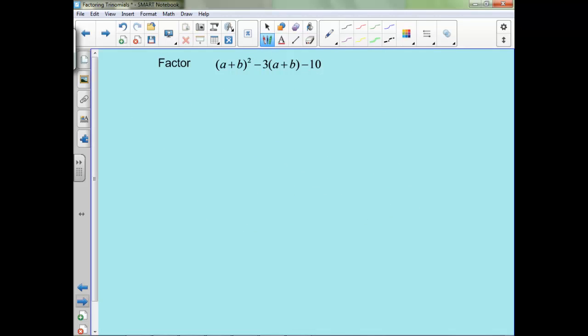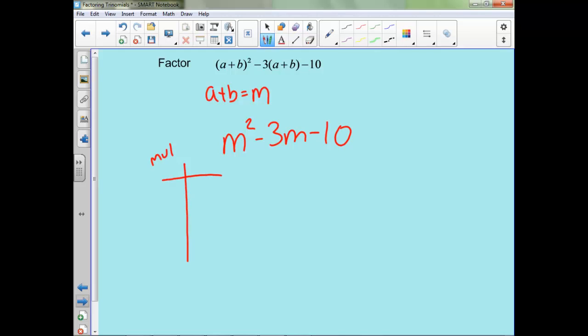Now what about this? This is like how we did substitution before. We can substitute, let's just call this m. So we'd have m squared minus 3m minus 10. Now this looks manageable. So we've got to multiply to negative 10, add to negative 3.